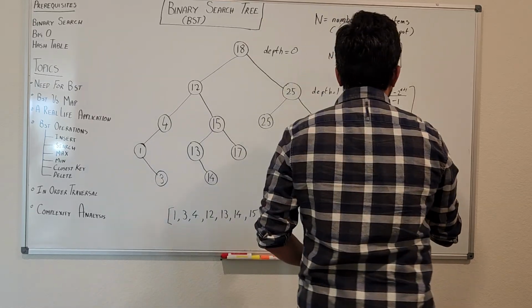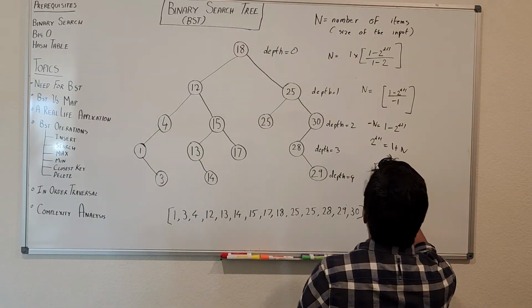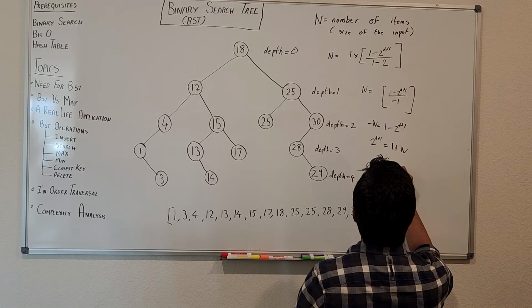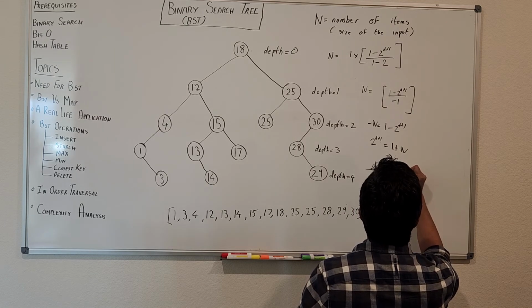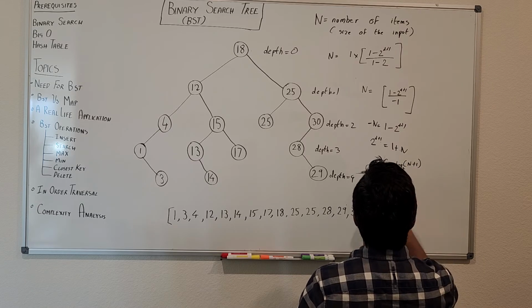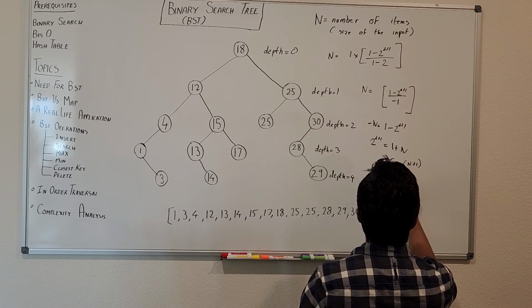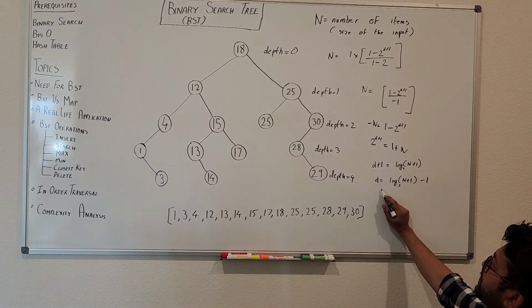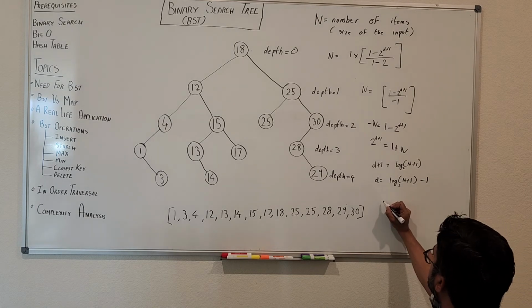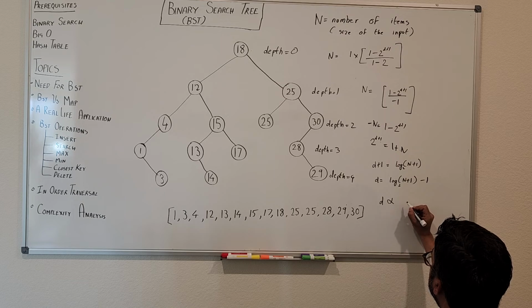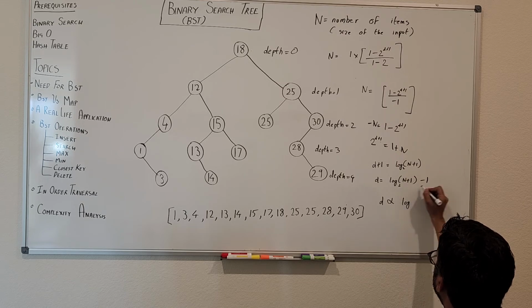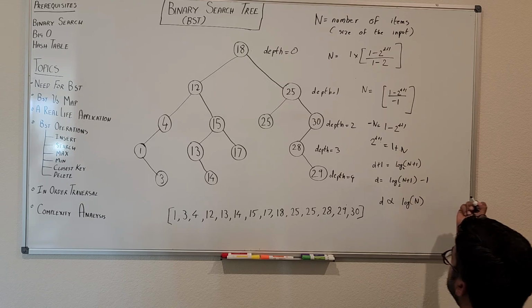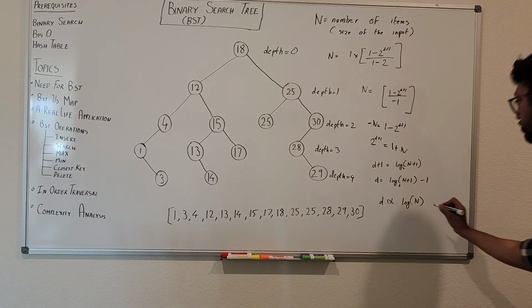Taking log on both sides, d plus 1 is equal to log of n plus 1 to base 2, which means d is equal to log of n plus 1 to base 2 minus 1. So d is the depth. So d is approximately proportional to log of n. If we simplify this, it's approximately equal to log of n to base 2.